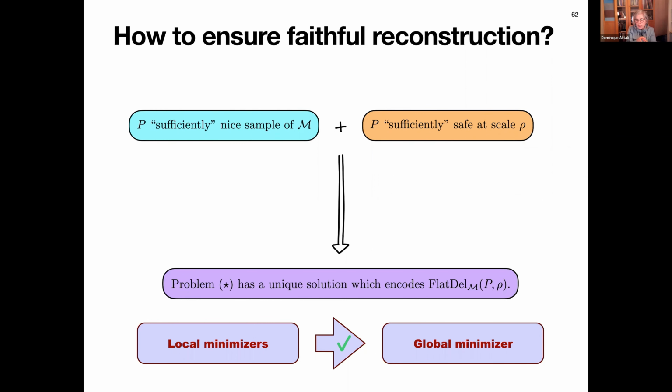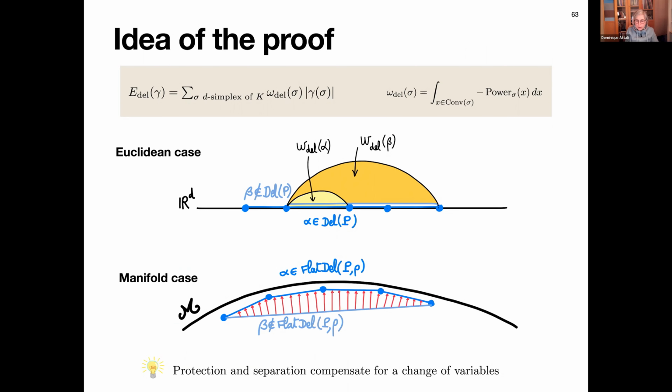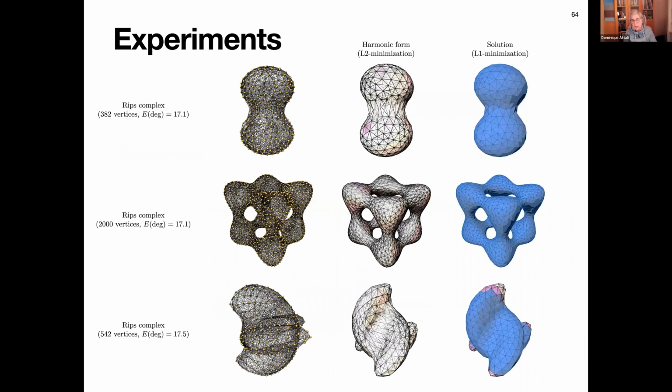So locally, we are minimizing this energy. But what was not at all clear and not at all easy to do was to prove that we actually have a global minimizer of the Delaunay energy. I'm going to skip details of why this was complicated, but here are the results of some experiments.